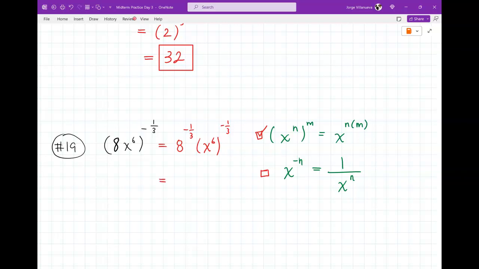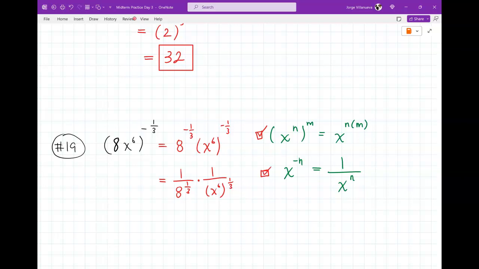Now I'm going to rewrite 8 to the negative 1/3. That's 1 over 8 to the 1/3. And right there you could use your calculator for that, because that's the cubed root of 8. And then this next one is 1 over x to the 6th to the 1/3.